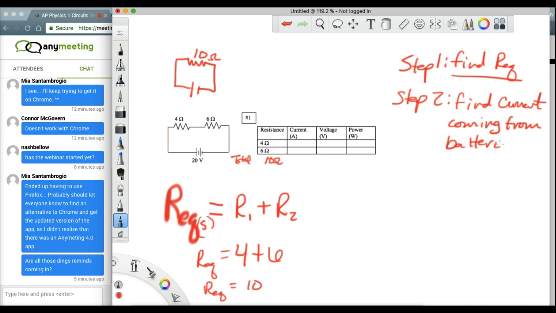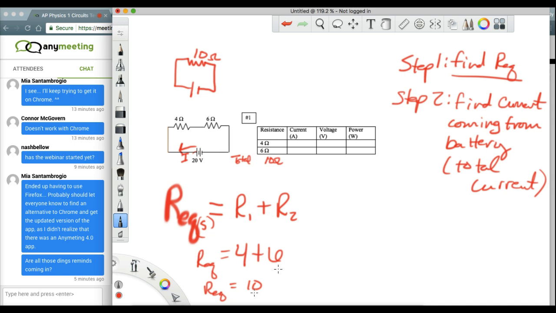I also think of this as the total current, the total available current in my circuit. It may not always be the current going through every single resistor, but it is the current coming out of my battery. So what we're going to find is this I value coming out of the battery.